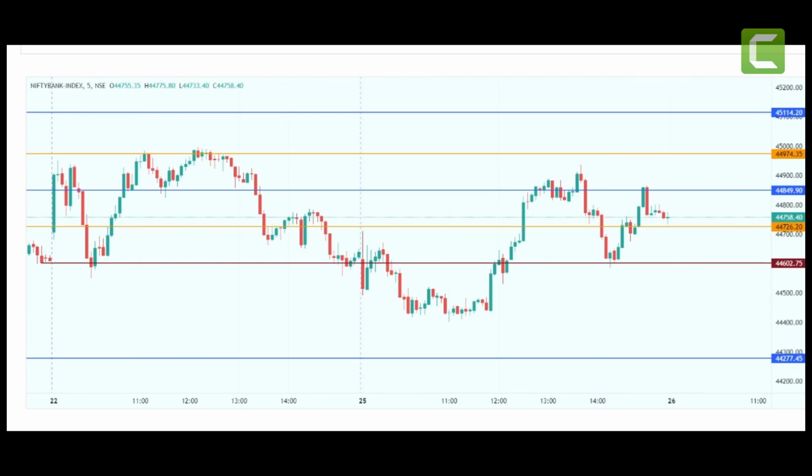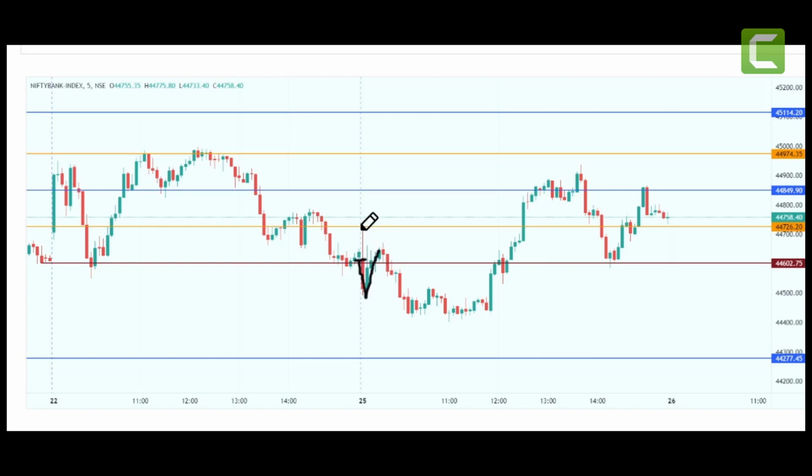Now let's move to Bank Nifty. Compared to Nifty, in Bank Nifty we got very good moves according to what we discussed in the weekly analysis. On the same day we also gave intraday levels, and in a similar case we got a flat opening and thereafter a retest here.